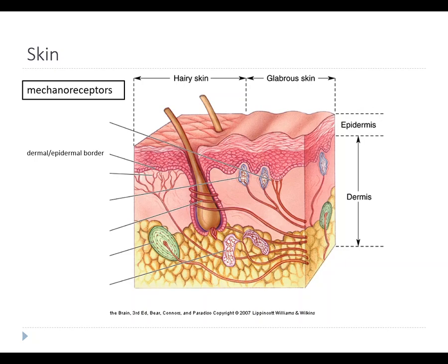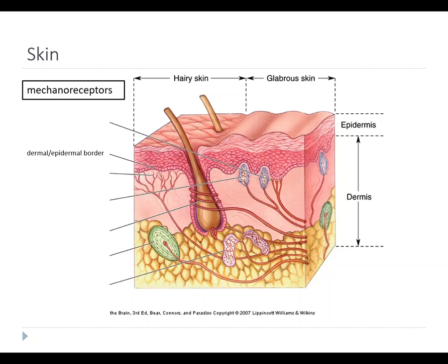So when we talked about the visual system, for example, the retina has special photoreceptors that detect light, and then those synapse or connect to the neurons that are going to communicate with the brain. And same way with the auditory system in the cochlea. You have hair cells, they actually detect sound, and then they synapse with cells that communicate back with the brain.